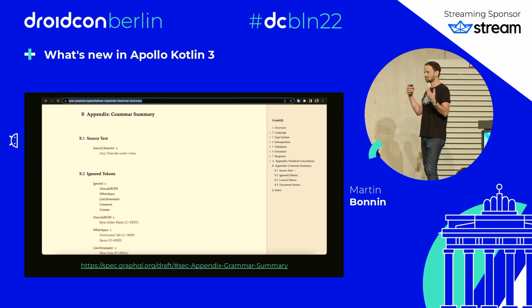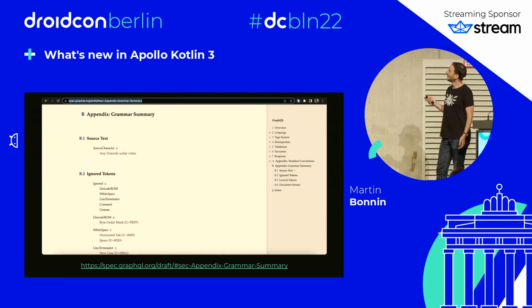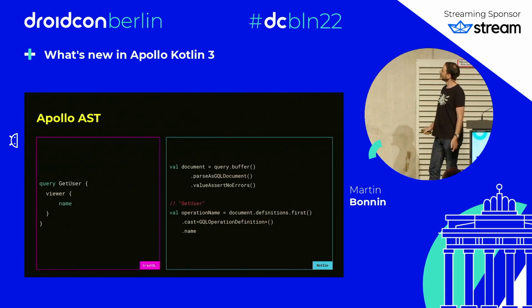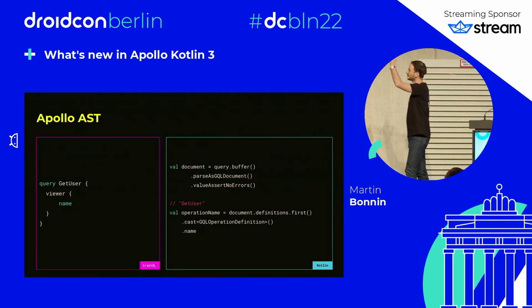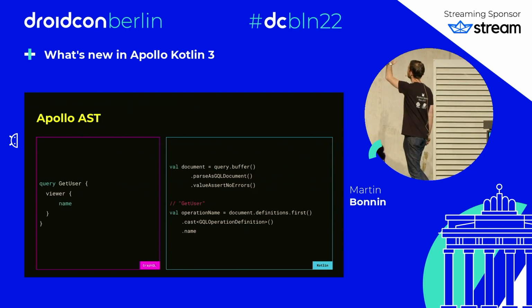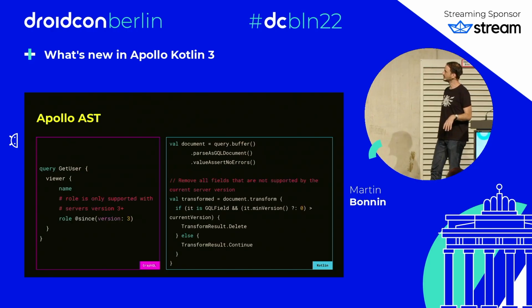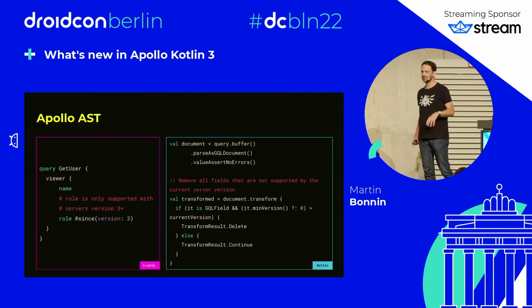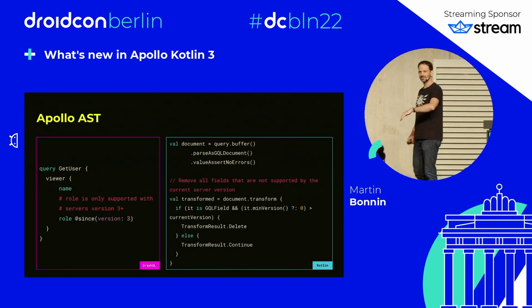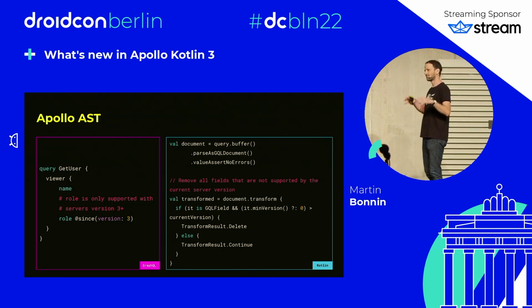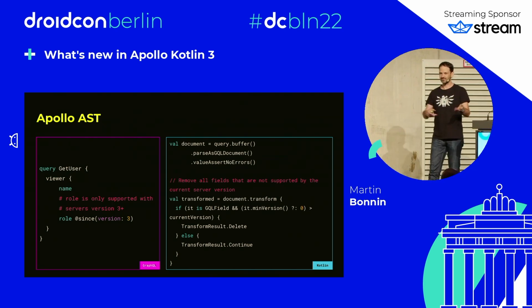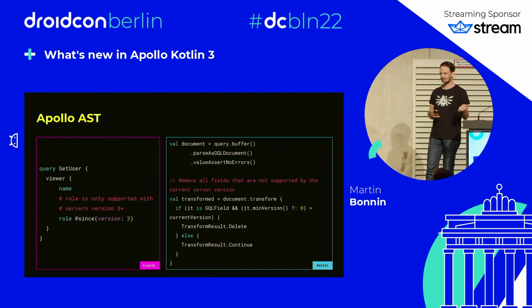You can see a lot of the constructs there, and you can access them using Apollo AST and use them in Kotlin, which means you can do stuff like this. If you have a query on the left, you can get the name of the query. So that's not super useful. But you can think of use cases like this, where you introduce your own client directives that define that some fields in your queries are only available in some context.